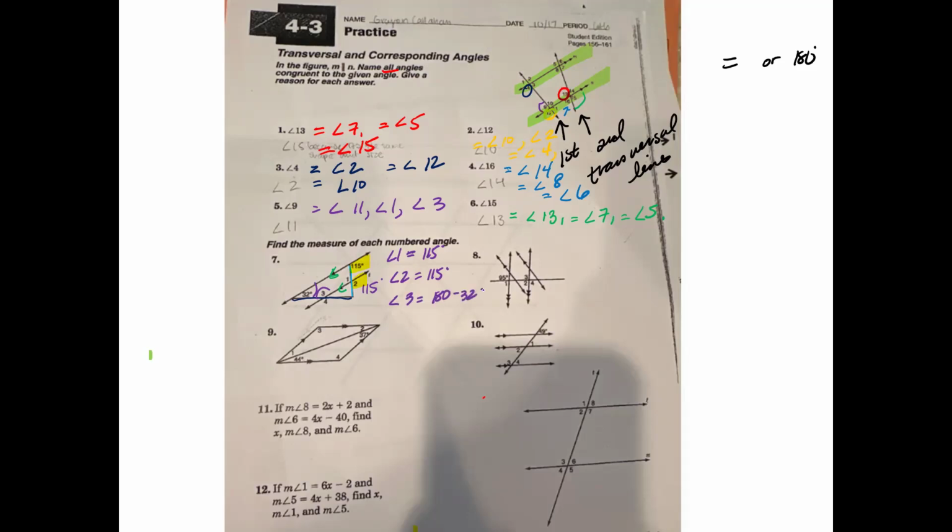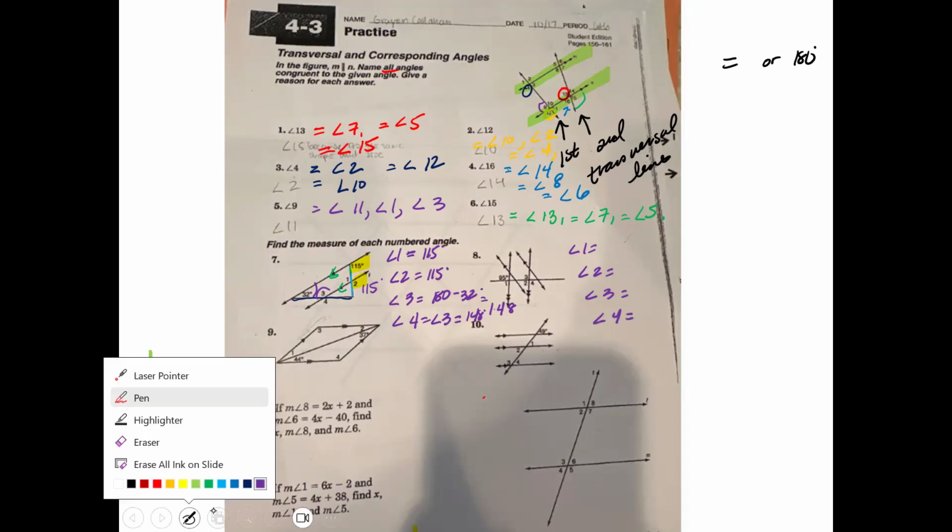So do that. And then angle 3 is equal to angle 4. So what did you get for angle 3? What's 180 minus 132? But do you see how these two angles are consecutive interior angles? So that'll be 148. So this is also 148. Did you write it down? Okay, good. Number 8. So angle 1, angle 2, angle 3, angle 4.